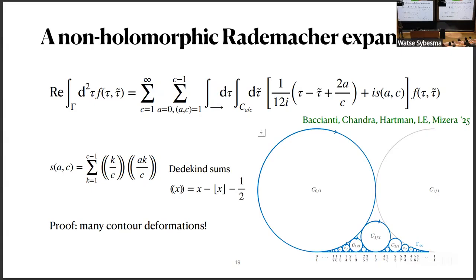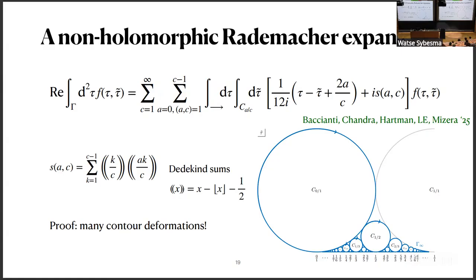And similarly, if you have these circles, you can make the circles as small as you want, and you only need to know about the singular pieces of the integrand near these circles. And the proof of this follows from doing many contour manipulations and so on that you can read in the paper if you really want to.